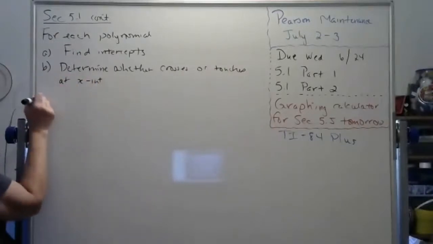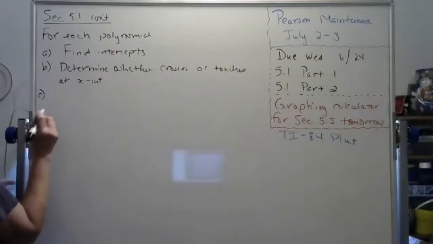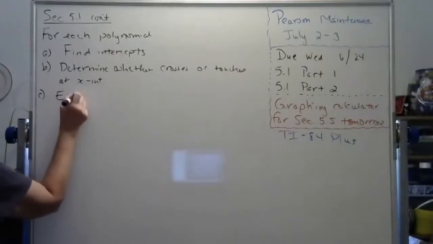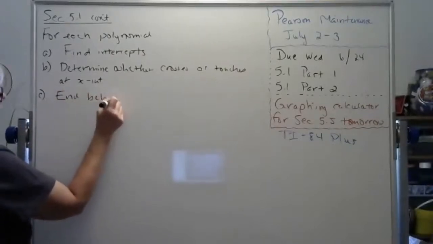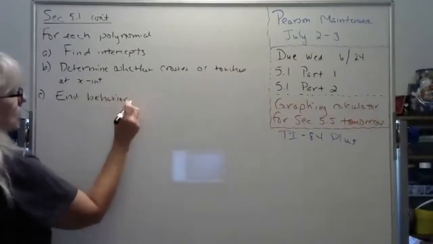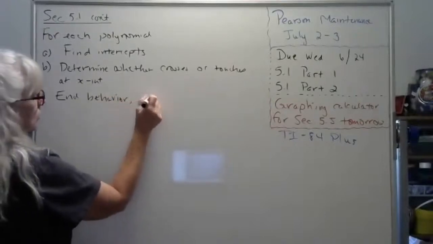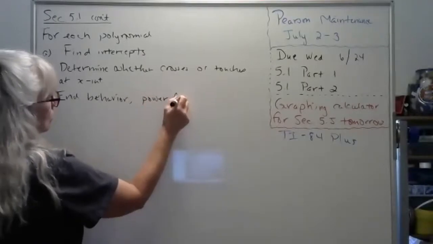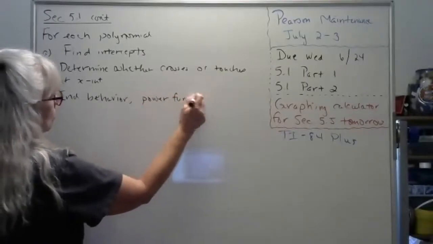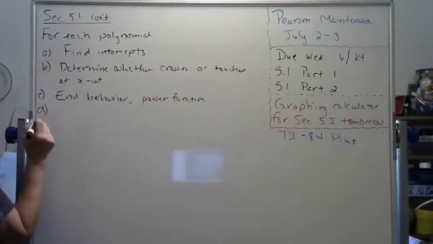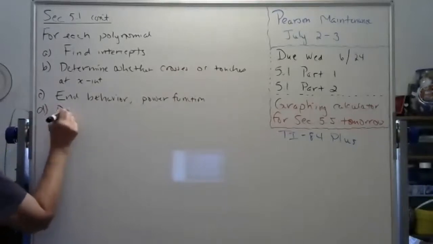That relies on that multiplicity. We want to do the end behavior, which is the power function. We want to determine the maximum number of turning points.